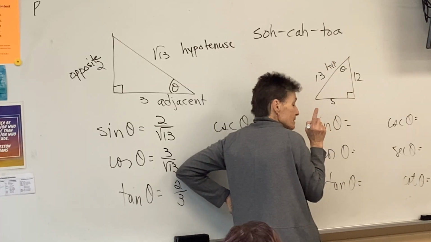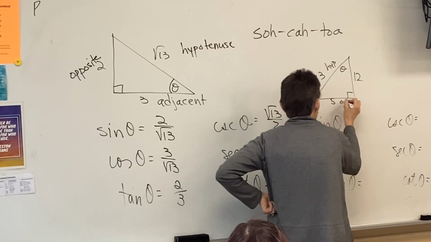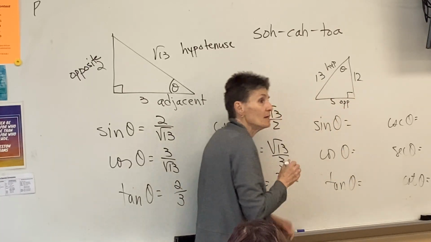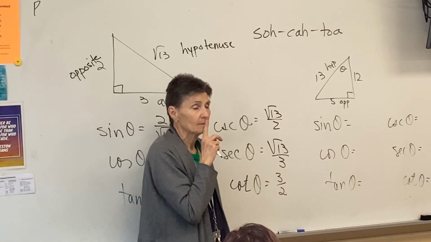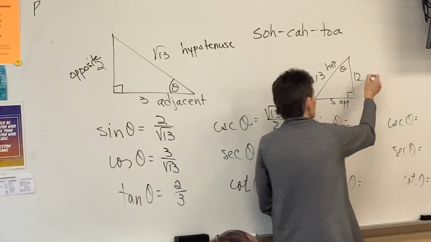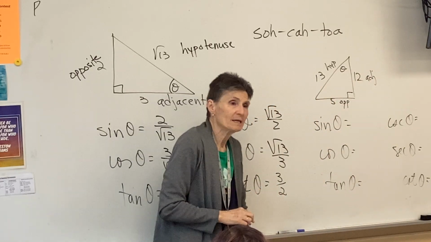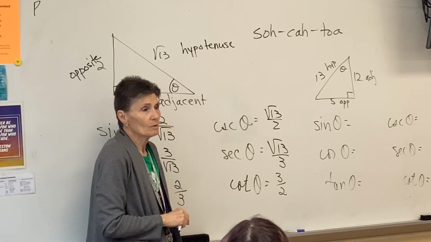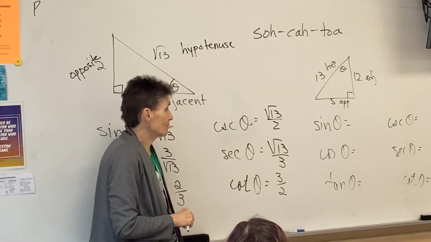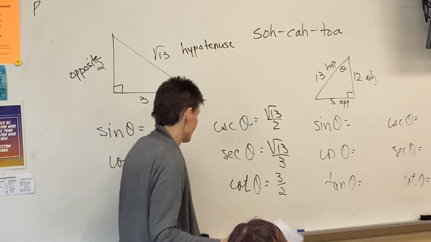Now look where your angle is. Which one's opposite? Yeah, 5 is the opposite side this time. The opposite side moves around depending on the angle. So this side is the adjacent. All right, see if you can fill them in. SOHCAHTOA, use your green sheet. See if you can fill in those values.